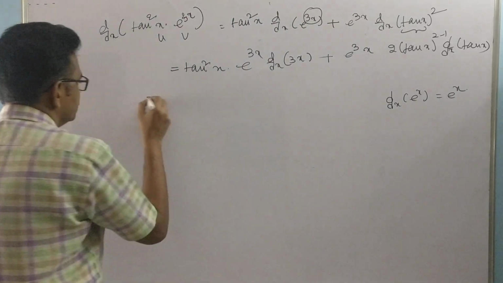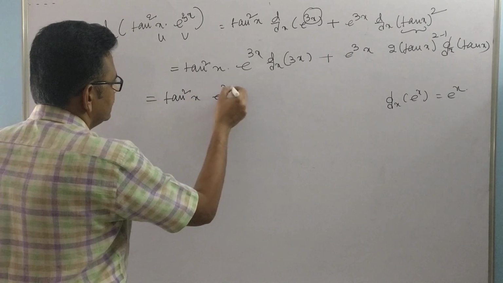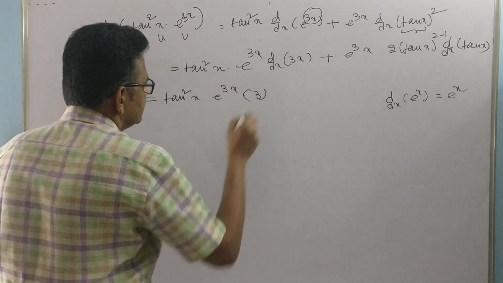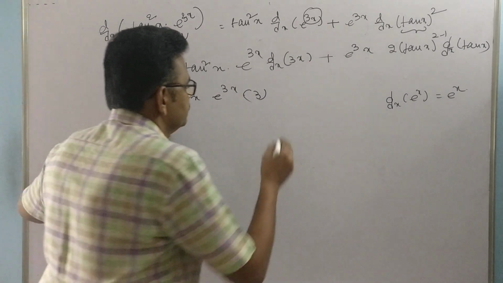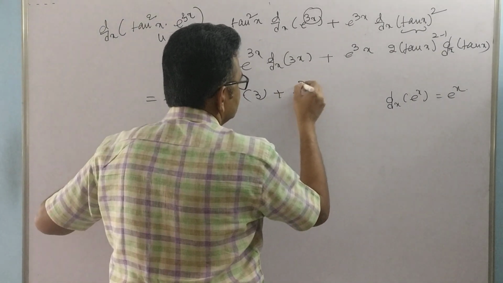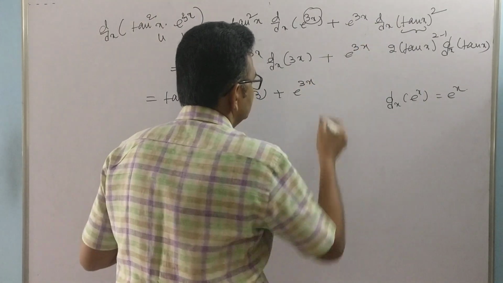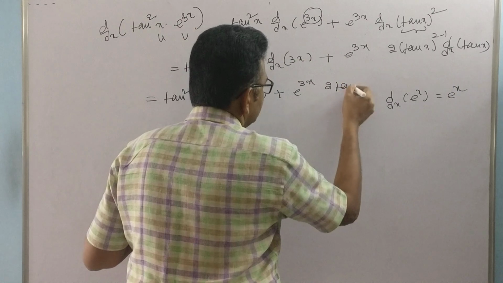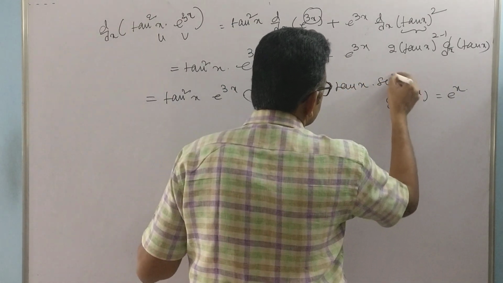So this is equal to tan square x e power 3x into derivative of 3x is 3, plus e power 3x into 2 tan x into derivative of tan x is secant square x.